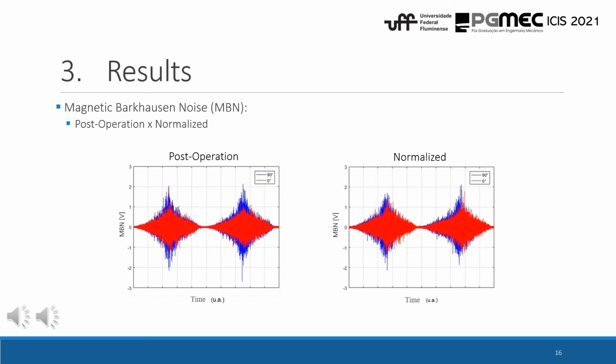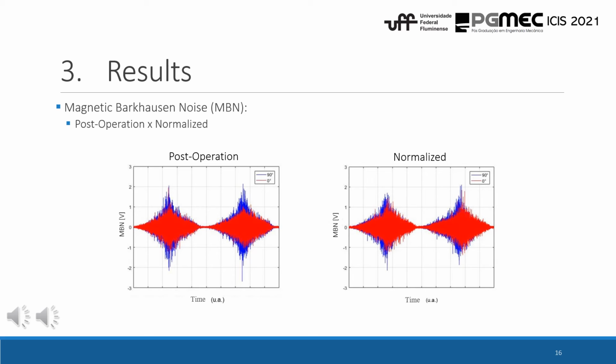Analyzing the magnetic Barkhausen noise, we are able to see that for both post-operation and normalized states, when we look at the direction of lamination, we can see a high anisotropy, but at the same time a great amplitude of the MBN aligned with the rolling direction.